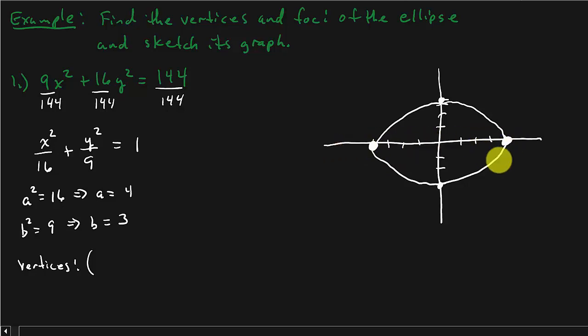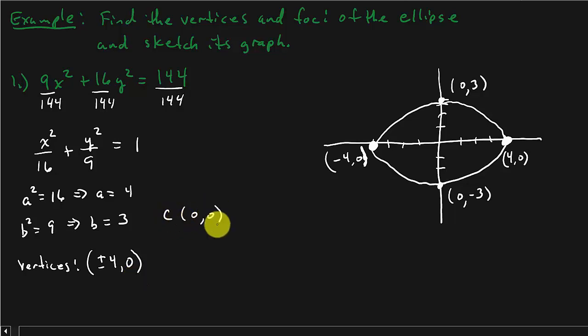So we know our vertices, see that's 4, 0, negative 4, 0. This is 0, 3. This is 0, negative 3. So we know our vertices are plus or minus 4, 0. There's the vertices. And we know the center is at 0, 0.